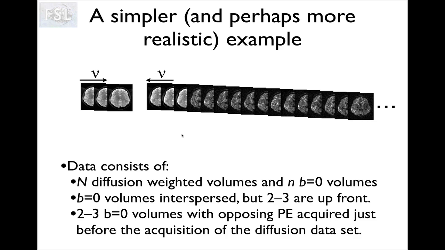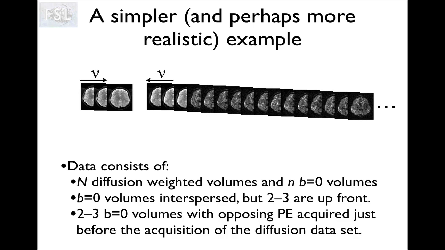In addition to that, acquire 2 or 3 B0 volumes with opposing phase encoding. And acquire, ideally at least, those right before you acquire the diffusion data. And the reason for this is that you want these to be in as similar a space as possible, i.e. you want to minimize the risk of subject movement between acquiring these and acquiring these.